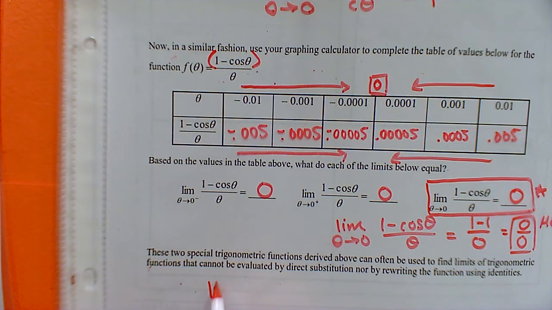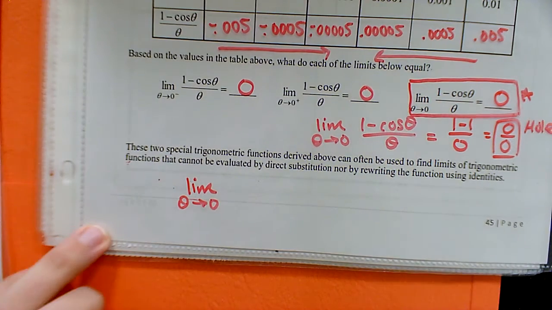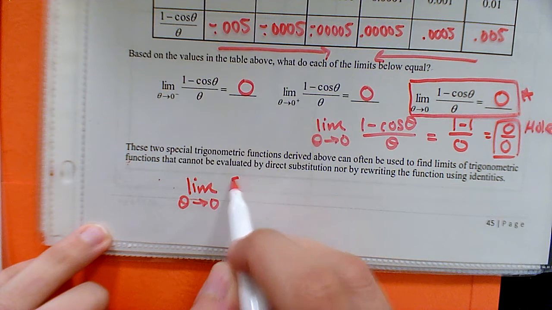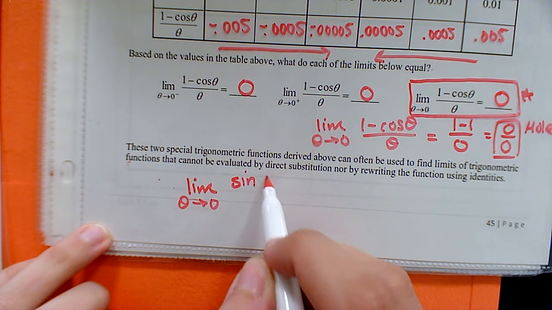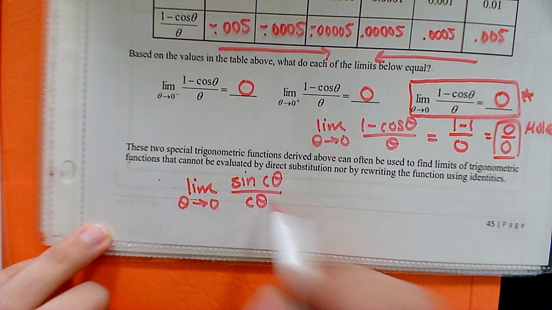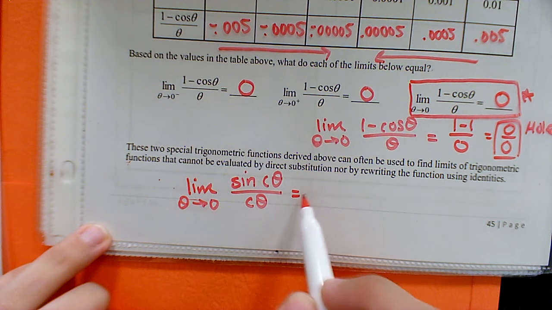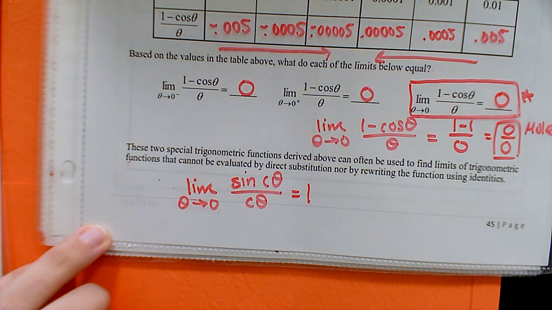Okay, so the first one is the limit as theta approaches 0, if we had sine of some constant theta divided by some constant theta, we said that was always 1. Okay, so we have to know that one.